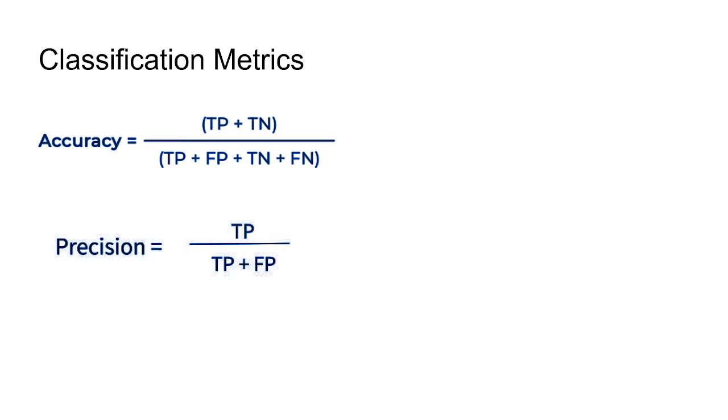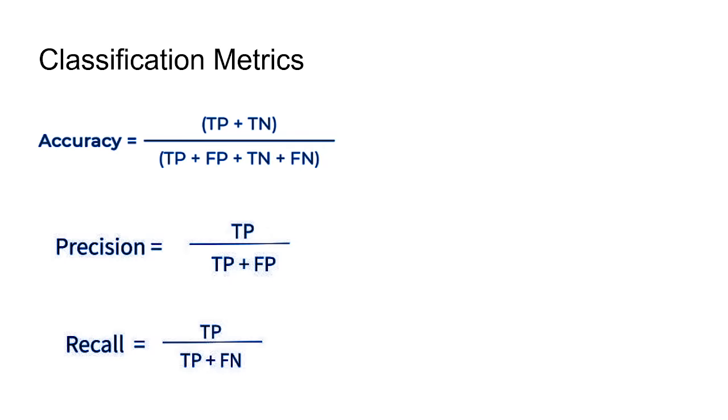Then you have precision, which is also called your true positive rate. It's your true positives divided by true positives plus false positives. Then you have your recall, which is true positives divided by true positives plus false negatives. Precision में आप ये देख रहे हैं कि of the total values that were predicted as positives, how many were actually positive.